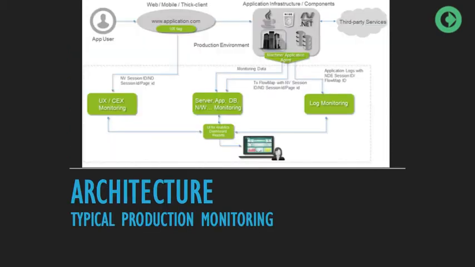And how would you achieve all of this? This is a very, very high level architecture, and what you currently see is an architecture of typical production monitoring, or let's say performance monitoring within a production environment, typically termed as APM, application performance monitoring, where you have your own infrastructure highlighted with this particular gray color. So you have servers, you have application servers, you have database, and probably other components.